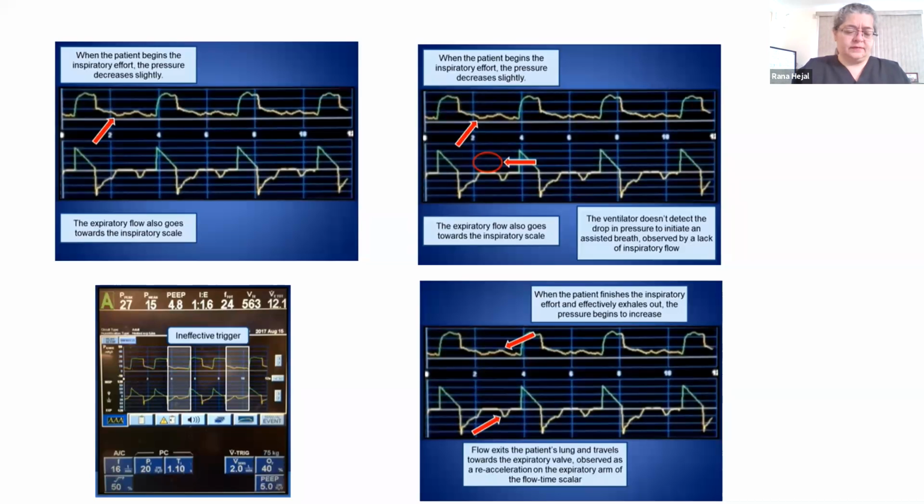So if somebody initiates the breath and they create like 2 liters per minute, then the ventilator senses it and it gives a breath. So when you have something like this, you have to look into how the ventilator is set, and changing the sensitivity may be good enough.